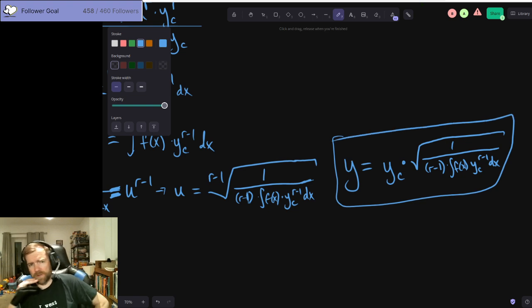And all things considered, that's actually not that bad. You might not be able to find the integral, but at least it exists.